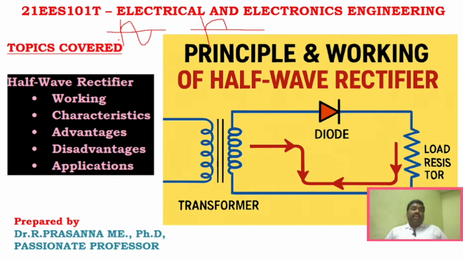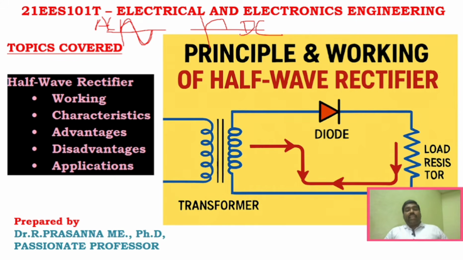So you can see here, if you apply any AC waveform, that is an alternating current, right, you'll have a positive as well as negative half. And this AC can be converted into a pulsating DC through a rectifier. So rectifier is a device that converts an AC to a pulsating DC, right?